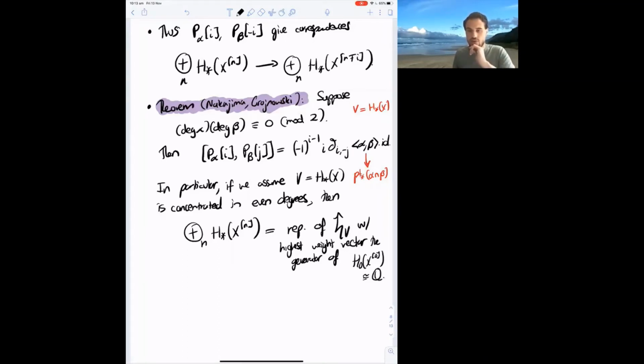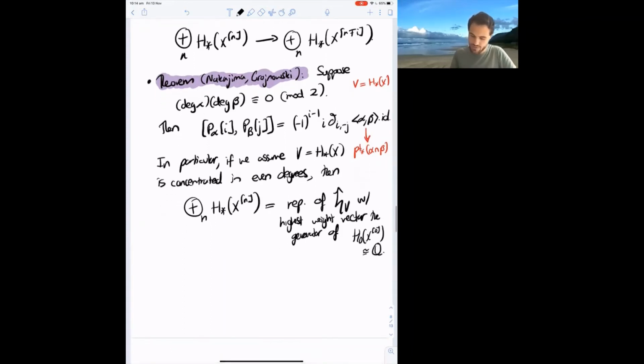And so we have some representation, and it's not clear just from the way the theorem is stated, from the relation, that this is an irreducible representation, but that is something that Nakajima also proves. The remark is that this is actually something we've already seen.